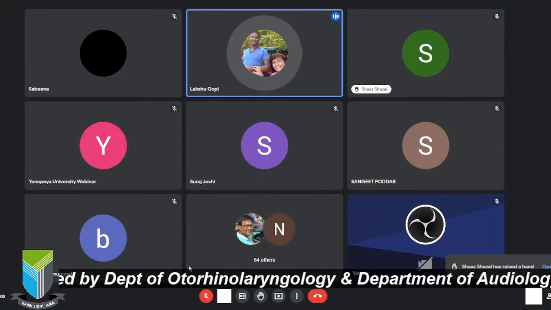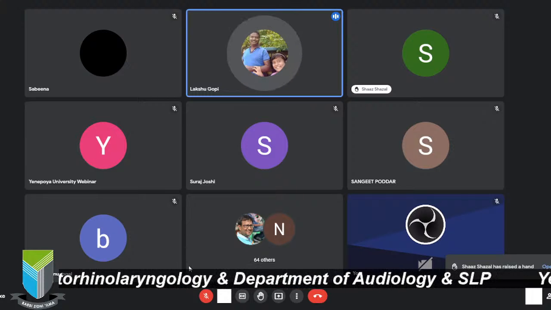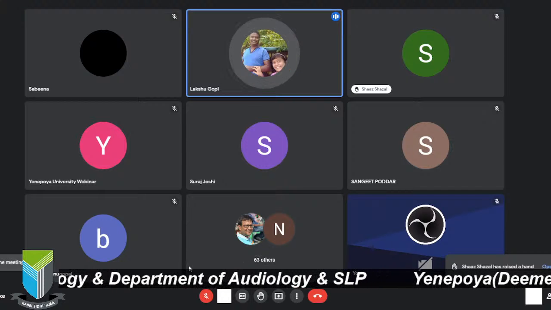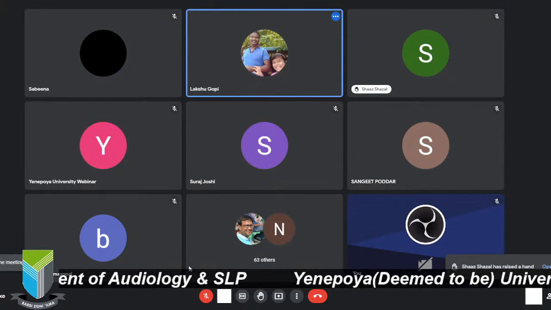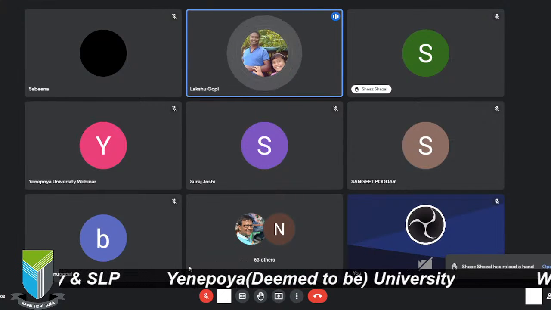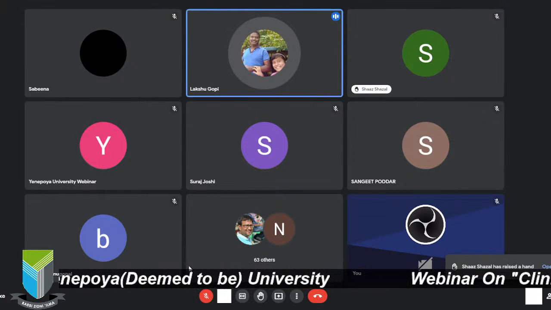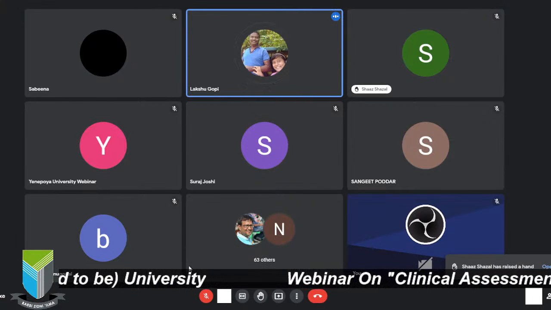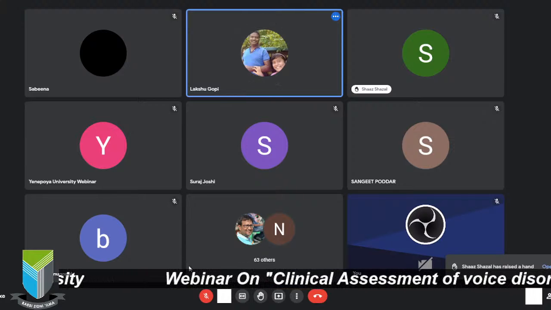For example, for normal adults, it's 80 to 180 hertz, sorry, 80 to 120 hertz for males. For females, it's 180 to 240. That's the pitch range. Similarly, for children, we say 240 to 340 or 380. These are all established normative data for Indian populations.